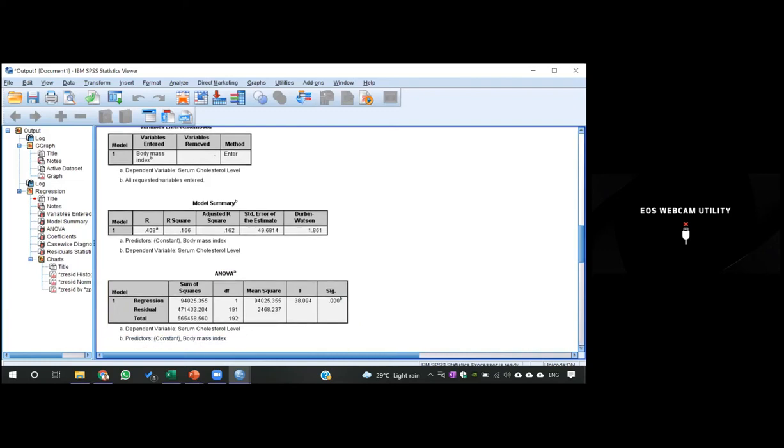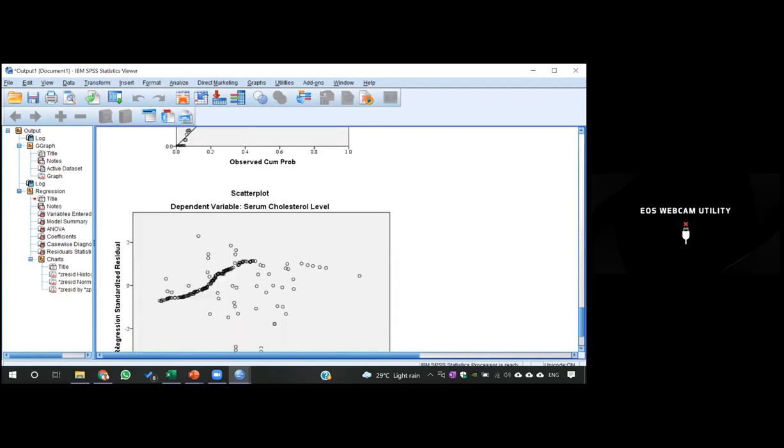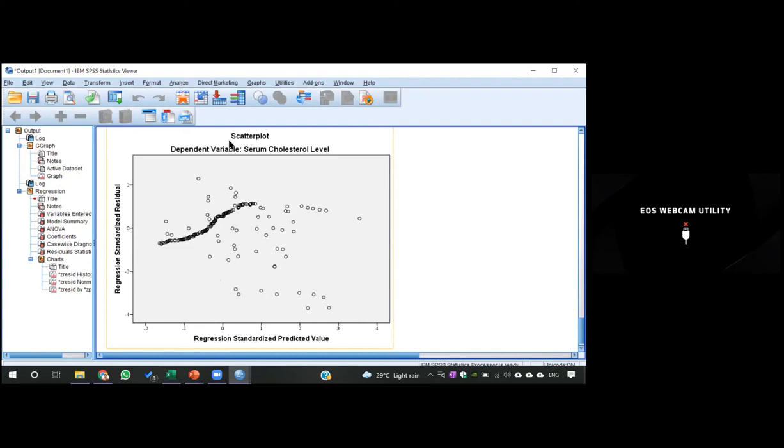Neeraj is writing, in the homoscedasticity graph, what is the x-axis and what is the y-axis. Okay. So remember, Neeraj, the x-axis is always the predicted value. I'll show you. So I'm coming down. See, this was the scatter plot which I clicked. The dependent variable is serum cholesterol. And I have done a scatter plot with the predicted value on the x-axis and residual on the y-axis, right?